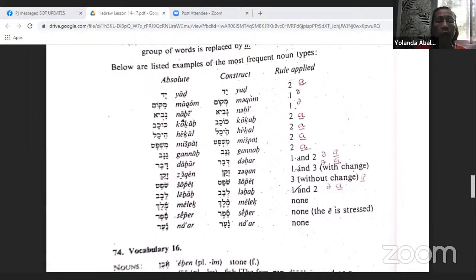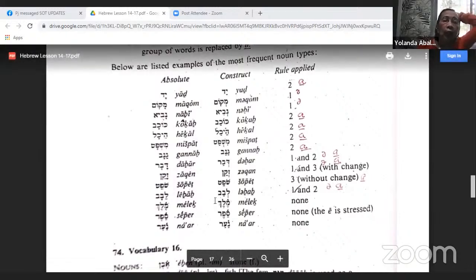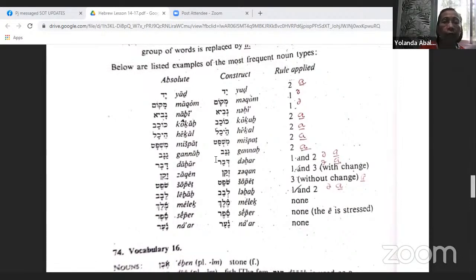Zakin is an old man. Shufet, alright, is the judge. Libab is the heart. Melek is a king. Sefer is a book. Naar is a young man. Kasi nakita nyo, wala siyang kwan. Wala siyang meaning.